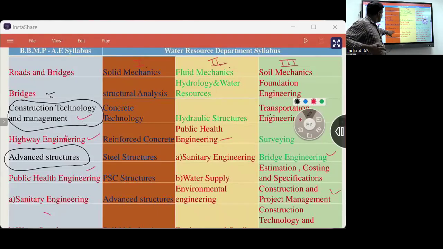These are the things you will be studying in concrete. Since the code books are not allowed, many of the questions they will fetch from the code 456. So we will highlight which is important and you should remember. Again, this is 50% theory and 50% numericals.